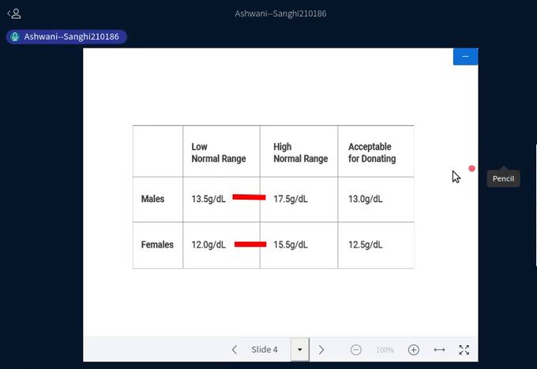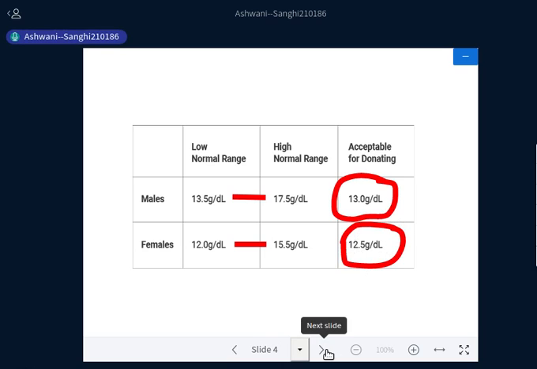The acceptable range of hemoglobin for blood donation in males is 13 gram per deciliter, and in females it is 12 gram per deciliter.